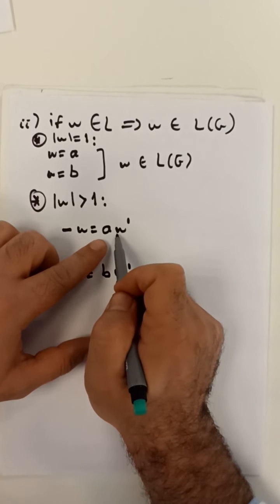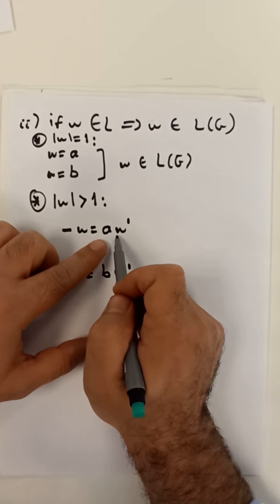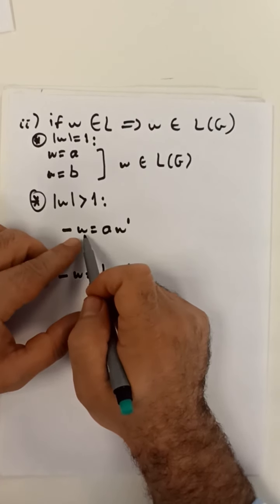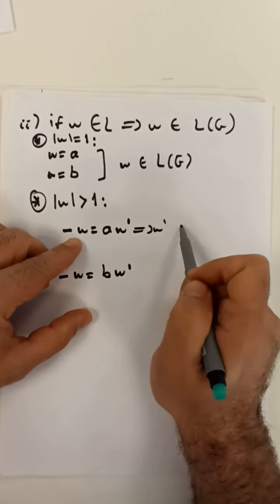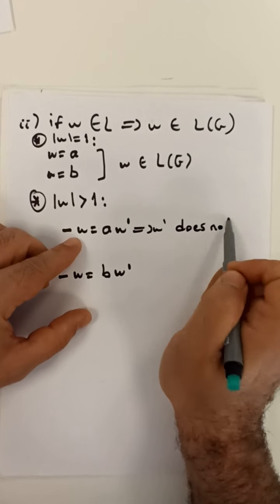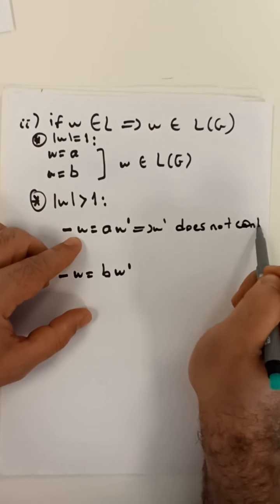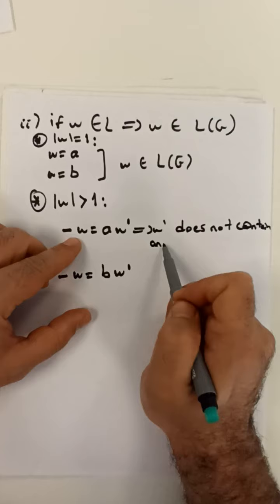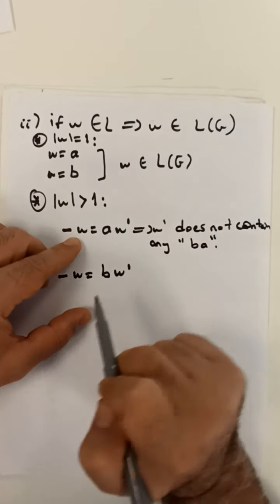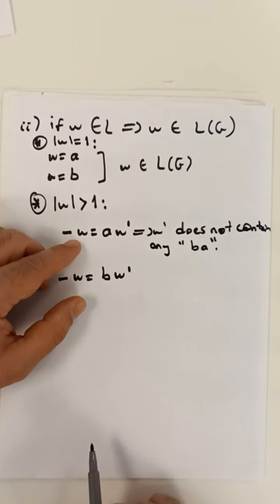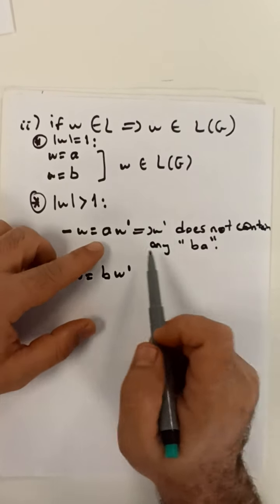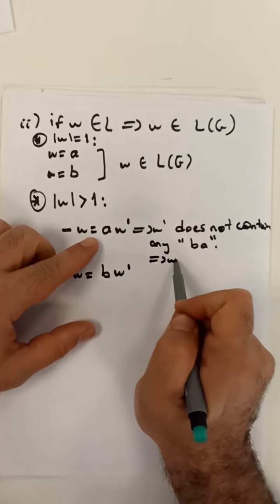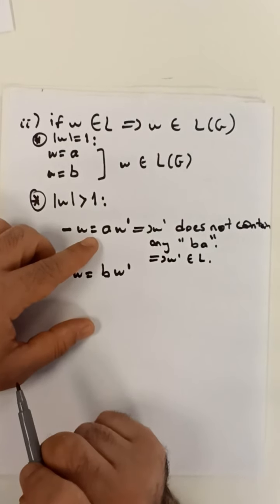It should be the case that W prime also does not contain any substring BA, because W doesn't contain any substring BA. Now if W prime doesn't contain any substring BA, this means W prime is inside our language.